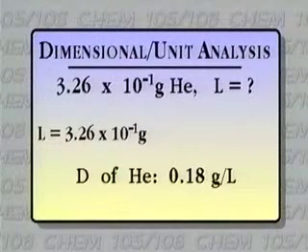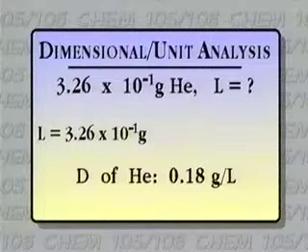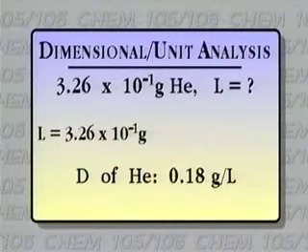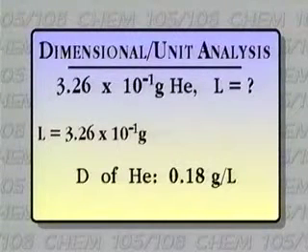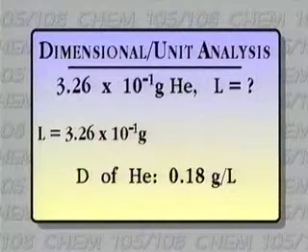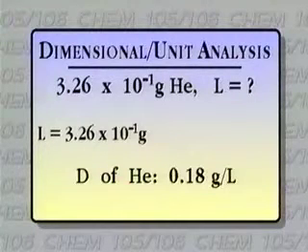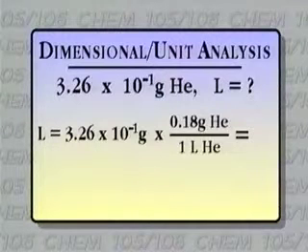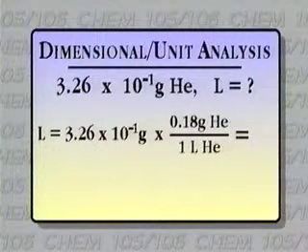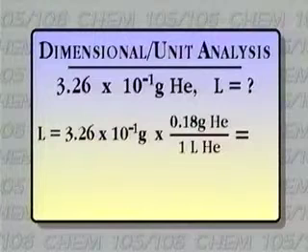That's the density of helium. That gives us then a conversion factor relating mass and liters. Now, we quickly throw that in because we know what we're doing here. So we say 0.18 gram of helium over 1 liter of helium, and we calculate our answer.